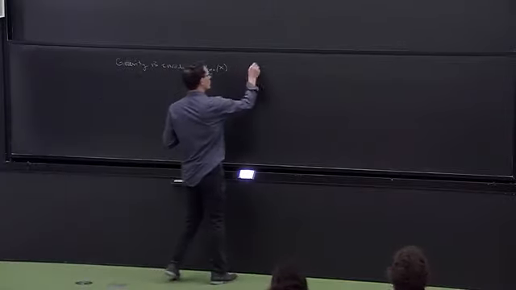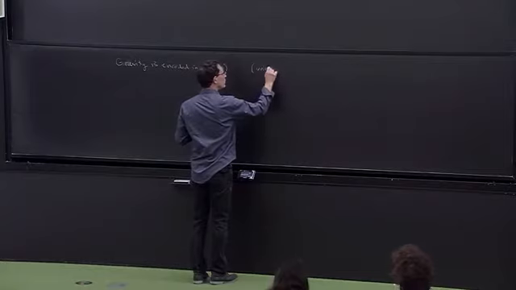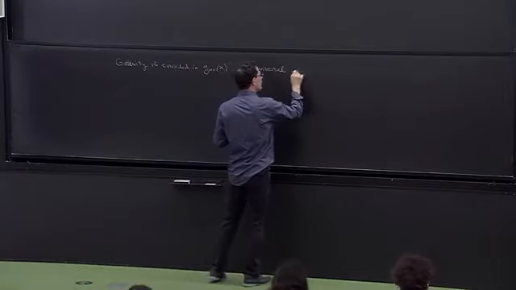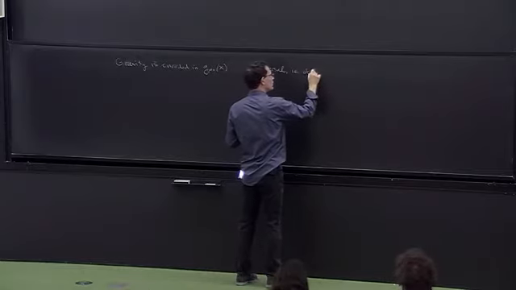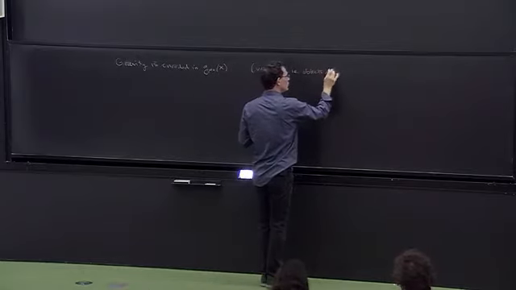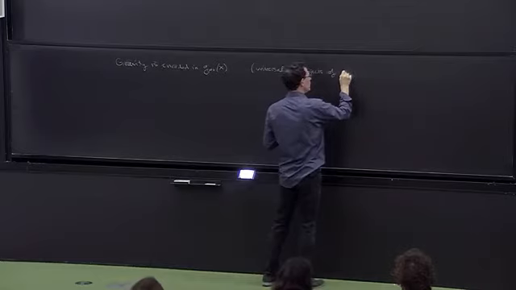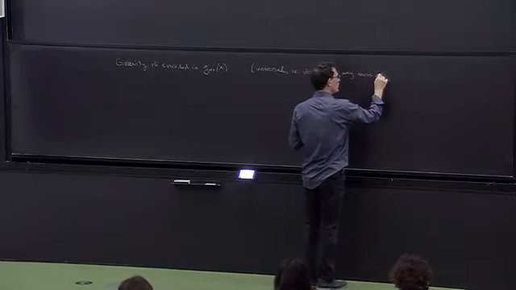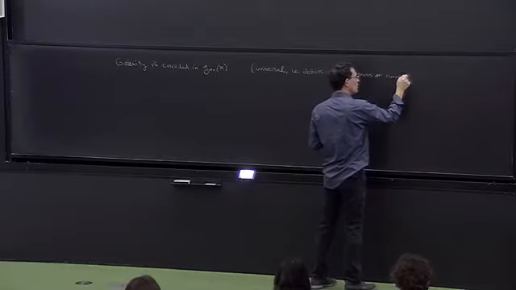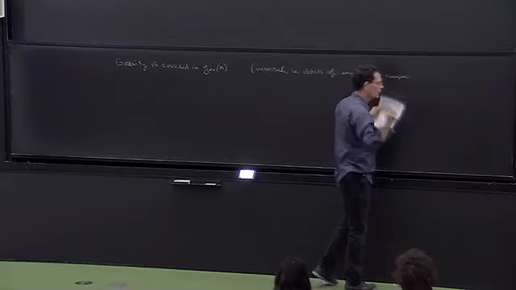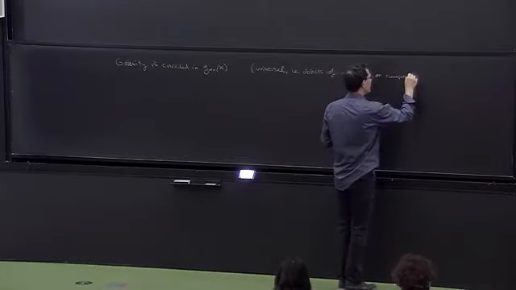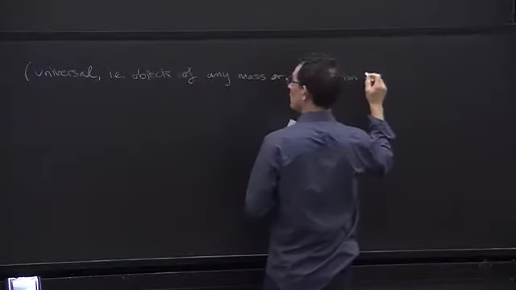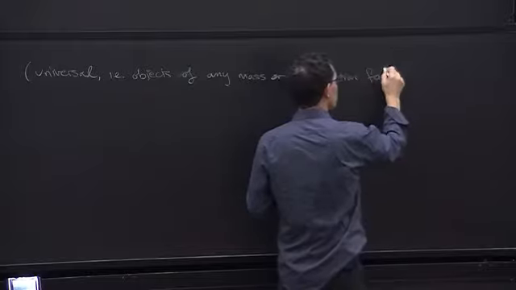So it's universal. I.e., objects of any mass or composition, it doesn't matter what you're made of, you can be made of copper or carbon or anything else you like, fall in the same way.